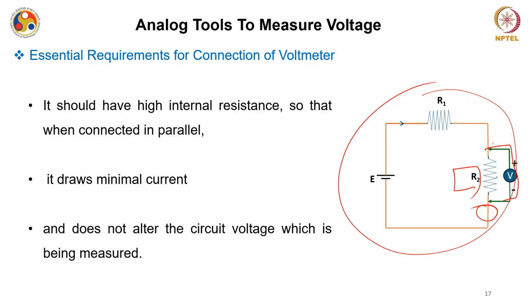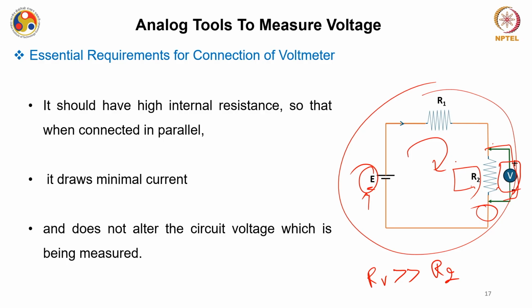Okay, because of this, say for example in this circuit, this voltmeter as I have mentioned has very high resistance. Okay, so this is a high resistance element. When I say high resistance, it means RV is much higher as compared to the load resistance across which it is connected, and because of this voltage source there is a current flowing in this circuit.